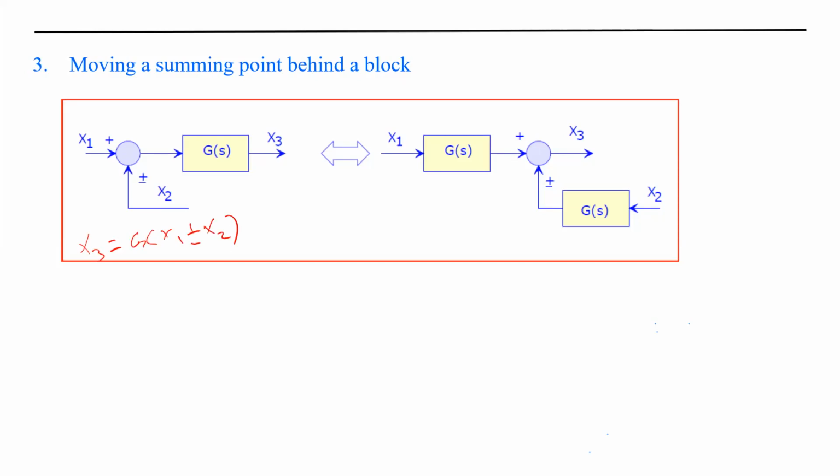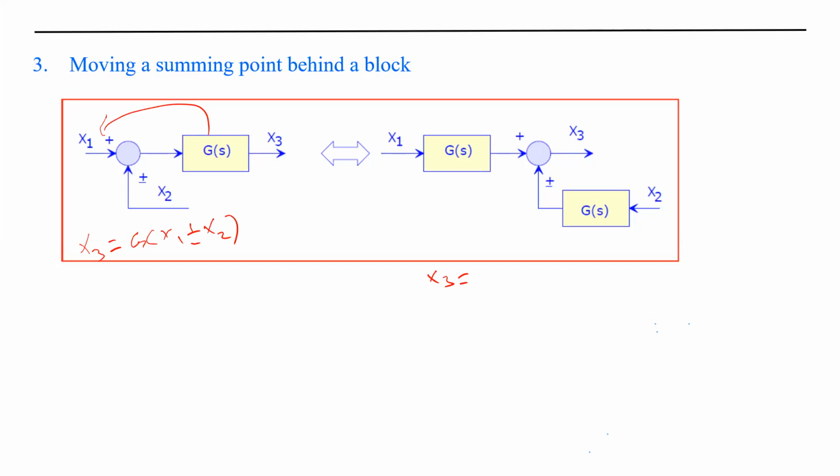What we try to do, I want to move the block before the summing point, like this one here. So let's see in here, what do I have? What's x3 equal to also?